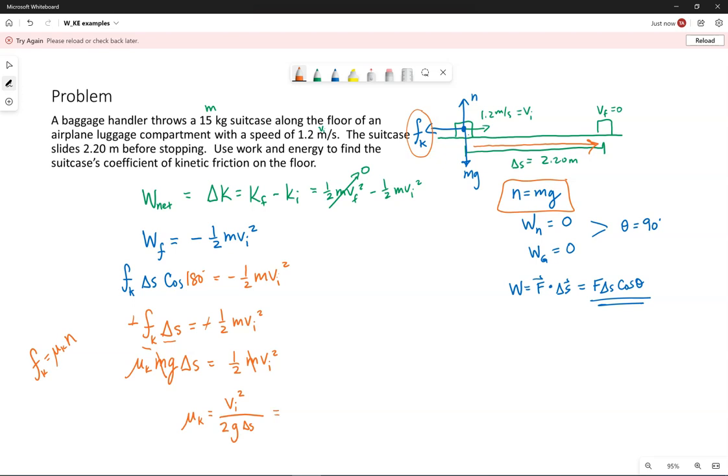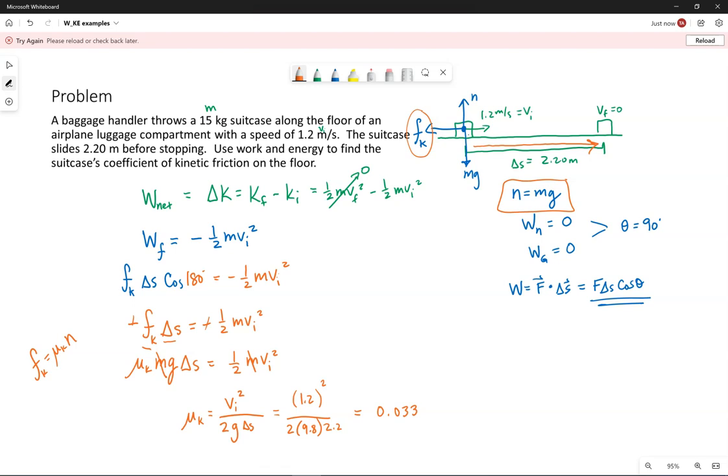So v initial 1.2, squared, g is 9.8, delta s is 2.2 meters. Plugging that in, getting a very small value.